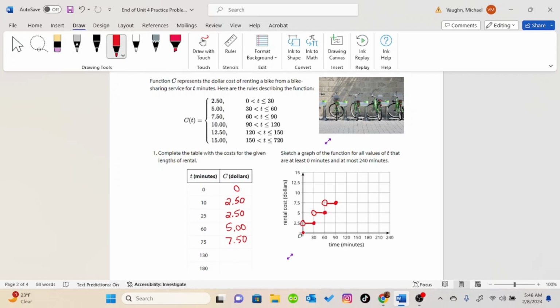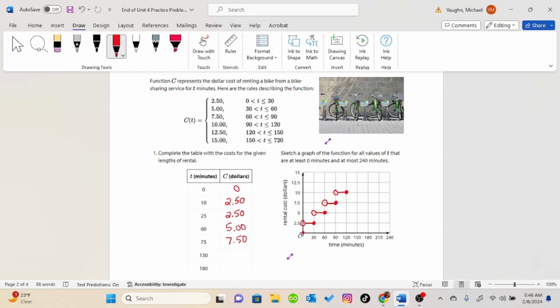Our next rule is 90 is less than t, so it is not included. And t is less than or equal to 120, so it is included. We draw a solid point and the line connecting them. Our next time in the table is 130 minutes.